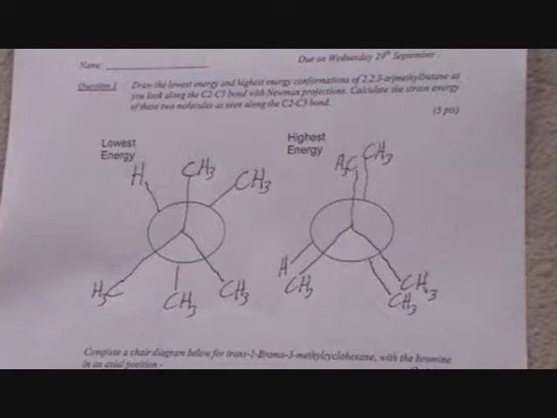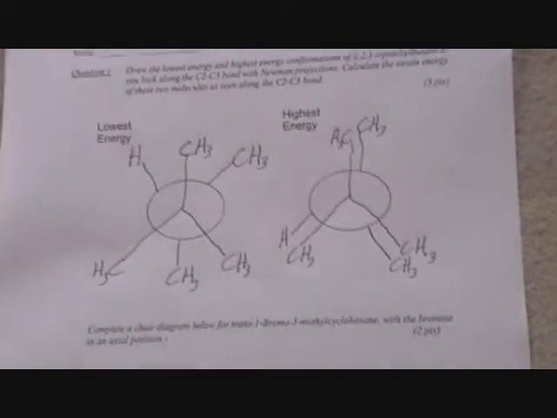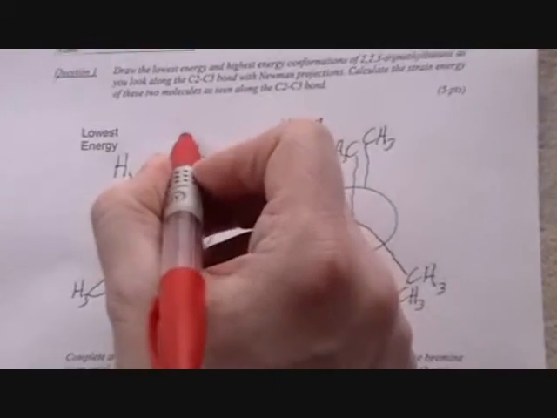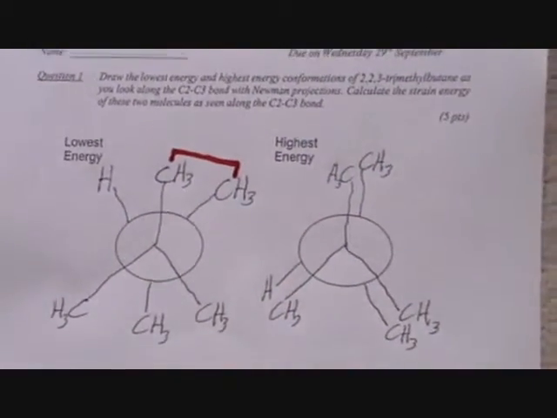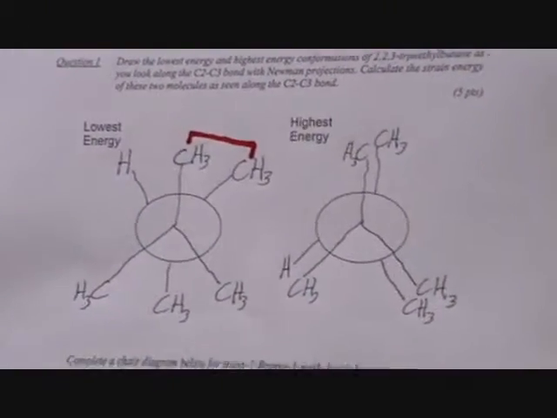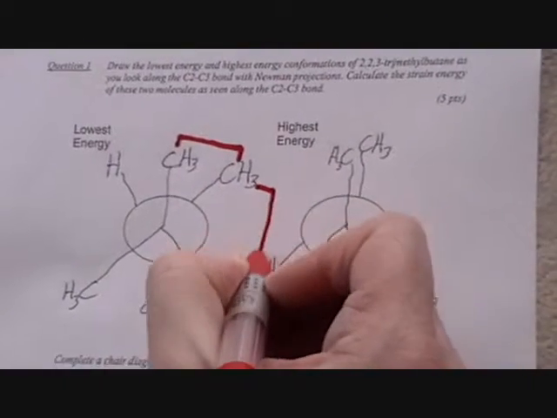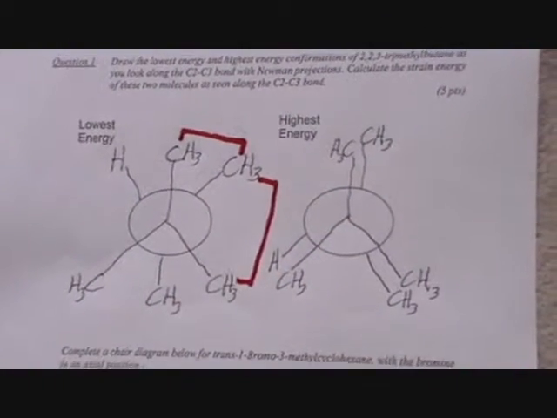So let's think about some of the energies which are involved even though we have this staggered conformation. When we're looking at staggered conformations, we're normally looking for a gauche strain, which is 3.8 kilojoules per mole at a time, at a 60 degree angle, which puts CH3 groups next to each other, too close for comfort, and has bonding electrons repelling each other.